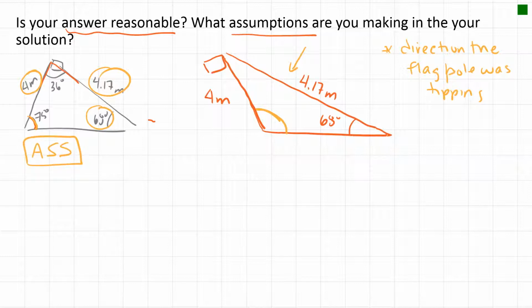So this is a clear indication that there might be a second option, that the angle is not in between the two sides, and when I found the 75 degrees, I would have had to find the other option for that one using the ambiguous method we've talked about in the last lesson. So that's how you would do it mathematically. The other assumptions I'm making is that the ground is level, and the flagpole is straight.